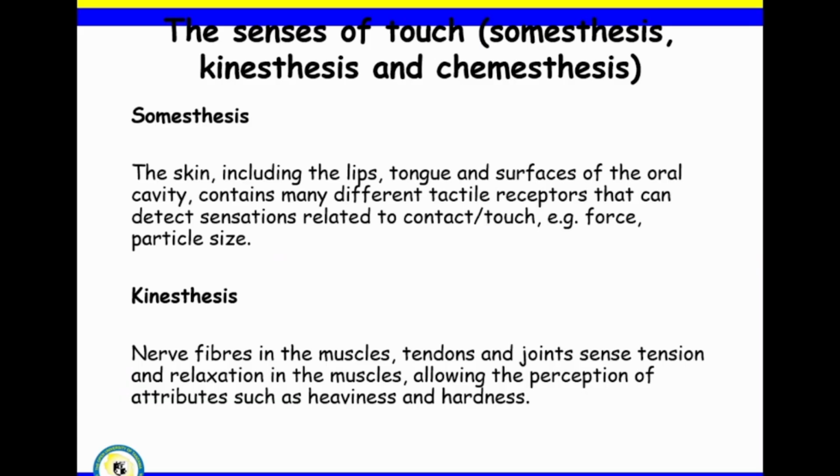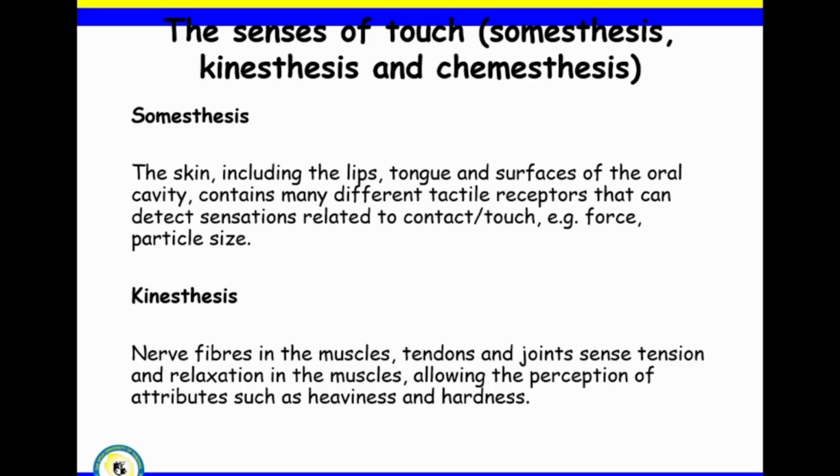The sense of touch. When we're talking about touch, we have 3 main issues: synesthesis, kinesthesis, and chemesthesis. Synesthesis: the skin, including the lips, tongue, and surfaces of the oral cavity, contains many different tactile receptors that can detect sensation related to contact or touch, for example, the forces or the particle size.